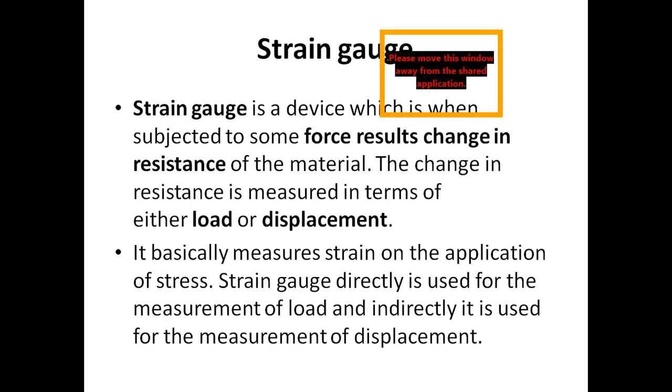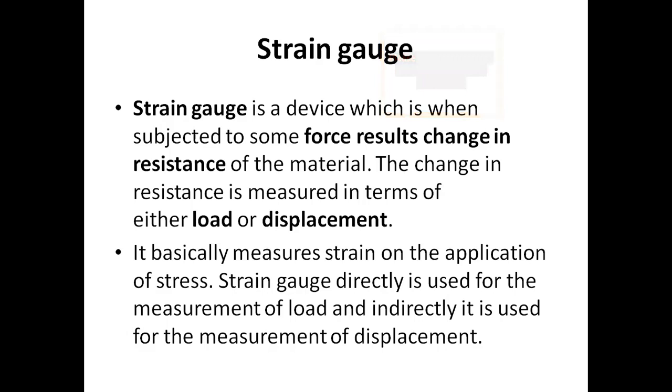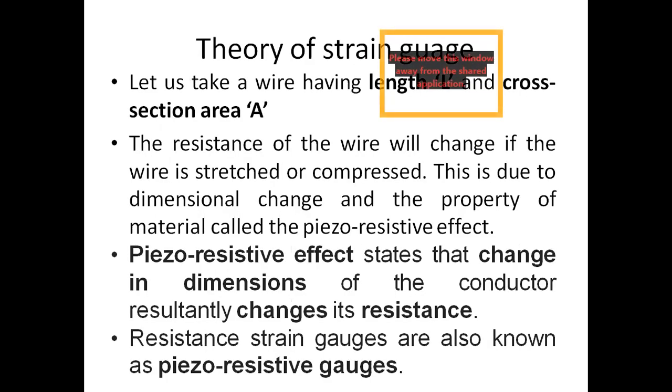Also, there is a change in the value of resistivity of the conductor when it is strained, and this property of the metal is called the piezo-resistive effect. It basically measures strain on the application of stress. A strain gauge is directly used for the measurement of load, and indirectly it is used for the measurement of displacement.